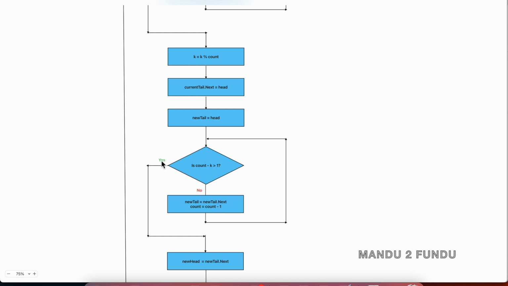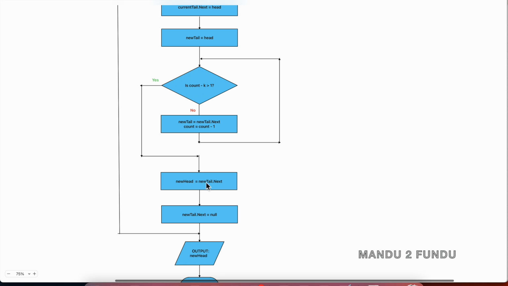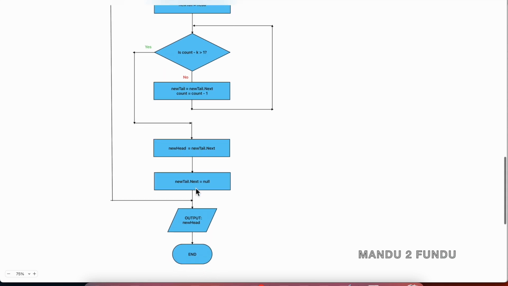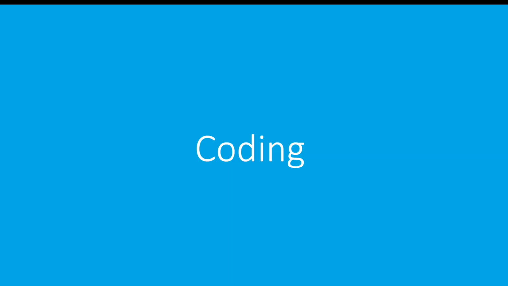So once we locate the new tail, then the next node followed by the new tail will be the new head. So that's why we assign the new tail dot next to new head, and then we make that next pointer of that new tail node null. Okay. Then finally we return the new head as the head of the linked list where the elements are shifted k positions. Let's move on to coding.